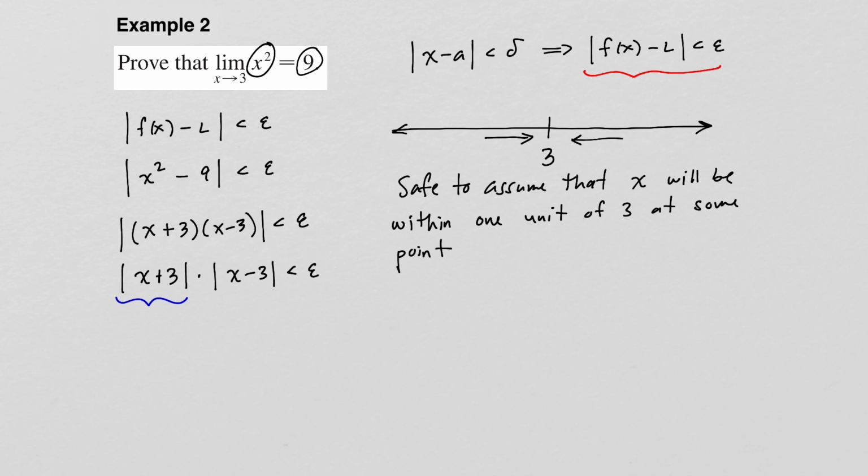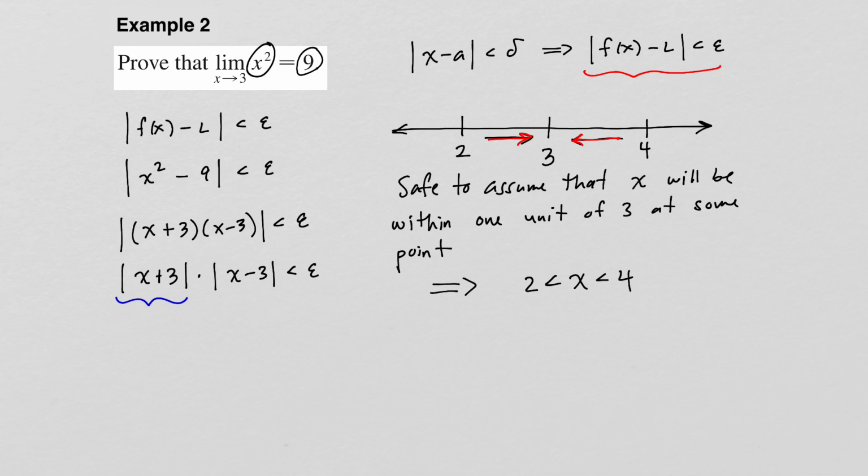So on our number line, that means that at some point we can expect our x to be somewhere in between 2 and 4, right? Does that make sense? If we're approaching 3, wouldn't it make sense at some point you would have to be bigger than 2 or less than 4 if you're approaching 3? So what this means is that it is safe to assume at some point that x will have to be a number in between 2 and 4.